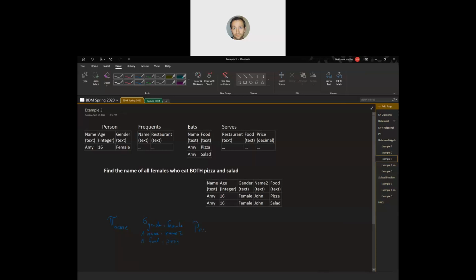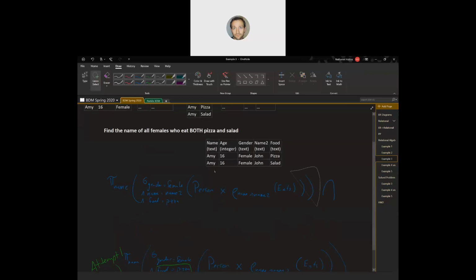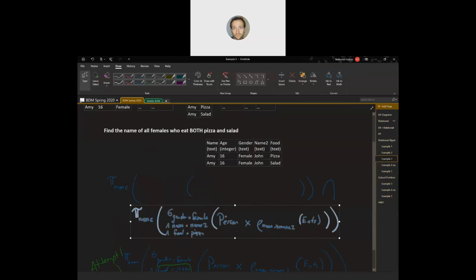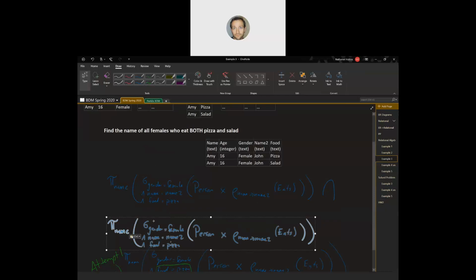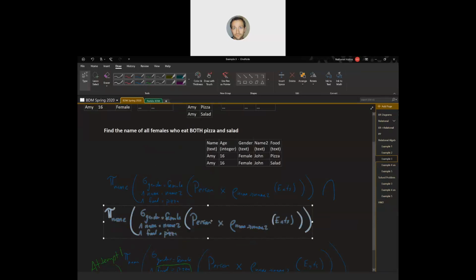Then doing a cross product where you rename eats, and do a set intersection with basically the same query, except when the food equals salad.